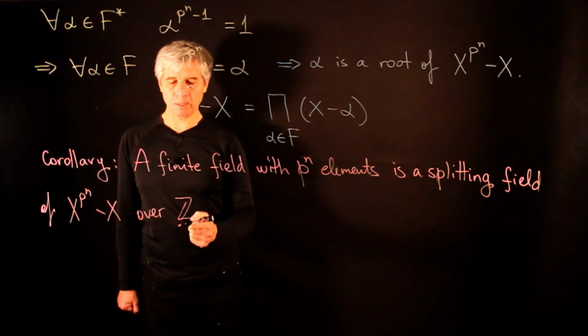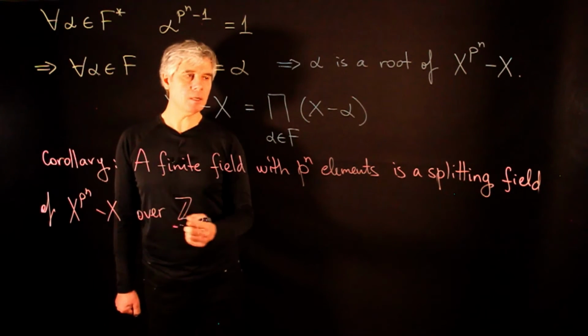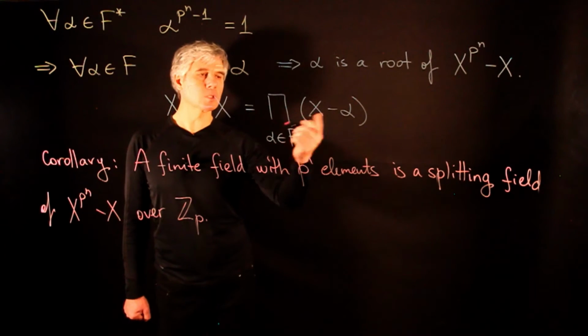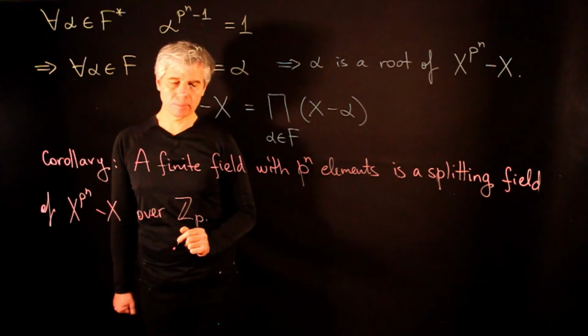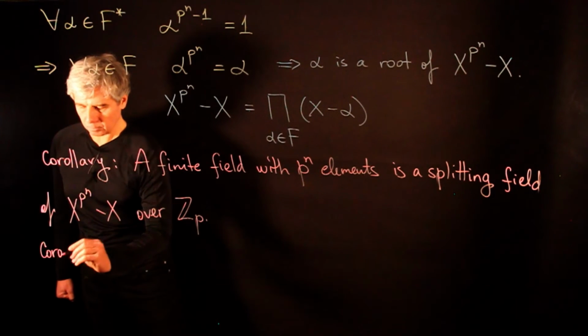So this means that we take the extension of Zp where we add all the roots of this polynomial.